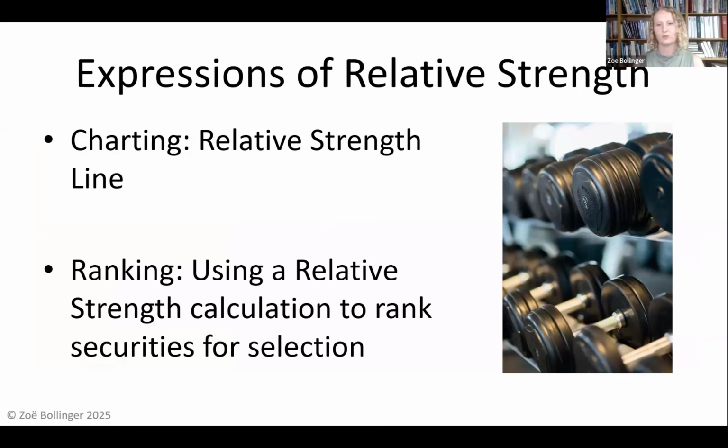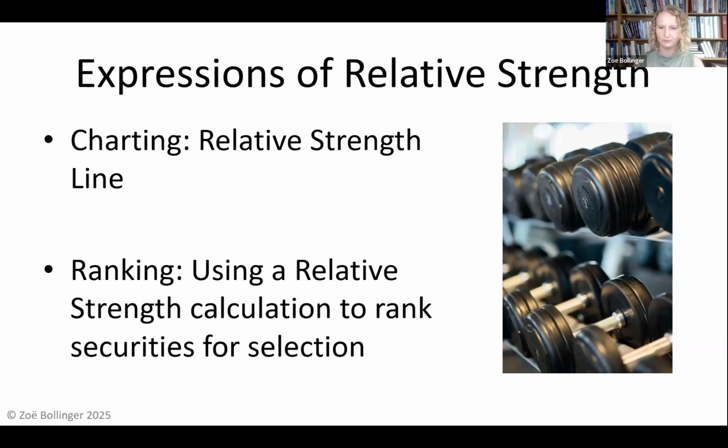So relative strength, what we are talking about today, usually gets expressed in one of two different ways. The first is a relative strength line on a chart. You'll map one asset against a benchmark, and that line will turn up as that asset outperforms its benchmark, and it'll turn down as the asset underperforms the benchmark.